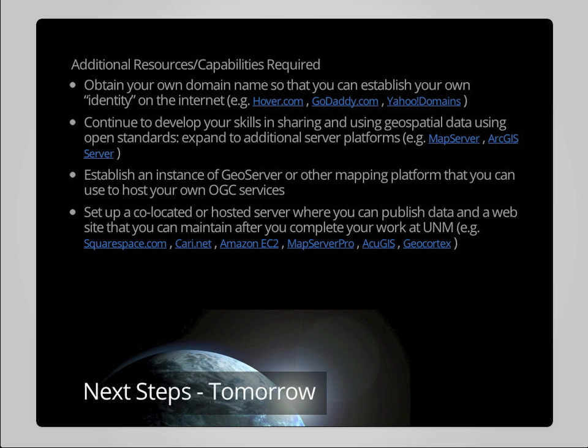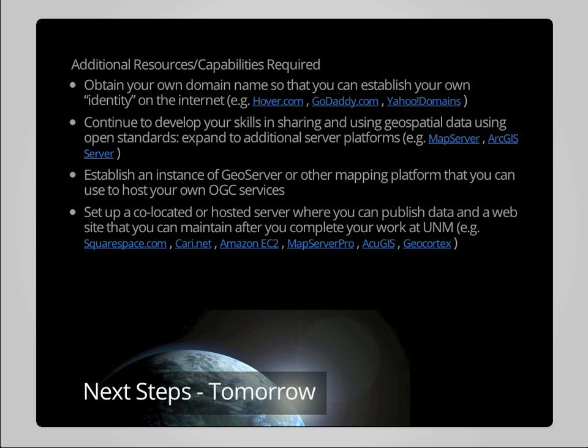QGIS as another, in this case, ArcGIS hosting platform, so that if you wanted to use ArcGIS as the server platform for your data, you could use a system like that published by QGIS. Or GeoCortex, a company that provides a platform for hosting GeoServer-based services.